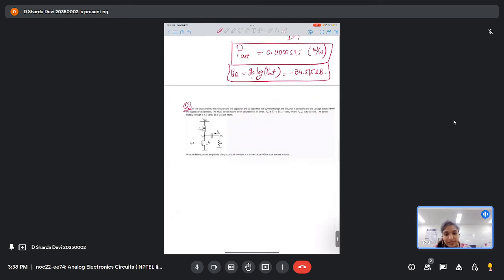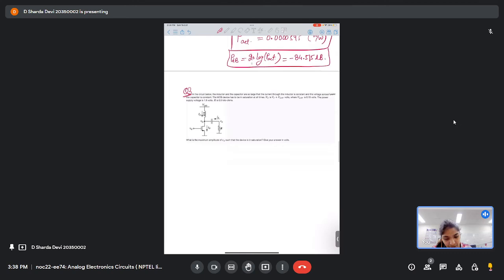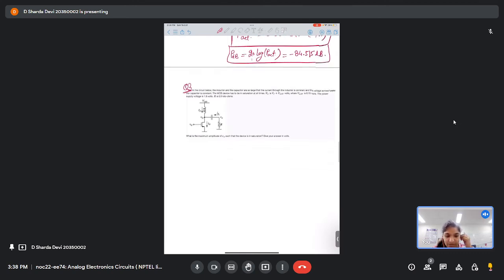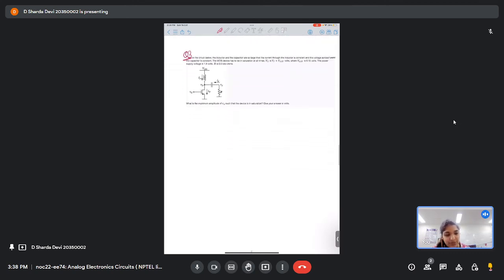So in this circuit, below, the inductor and the capacitor are so large that the current through the inductor is constant. So given that ID is constant and voltage across the capacitor VC is constant. The MOS is in saturation all the times.